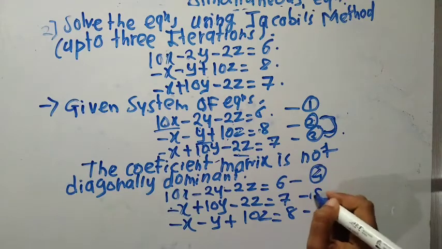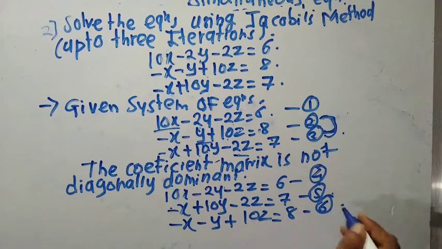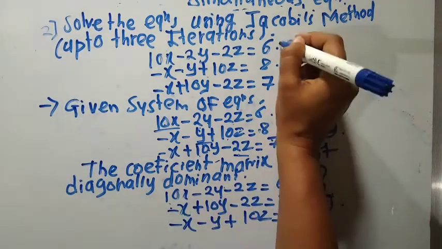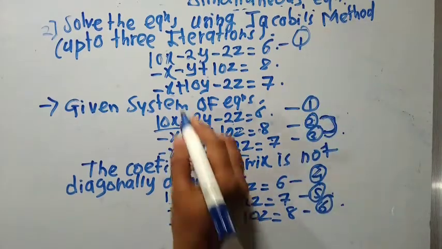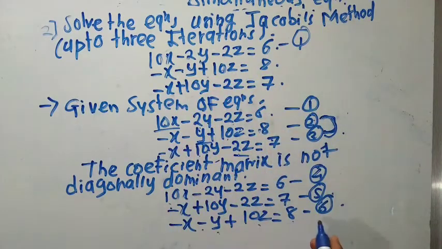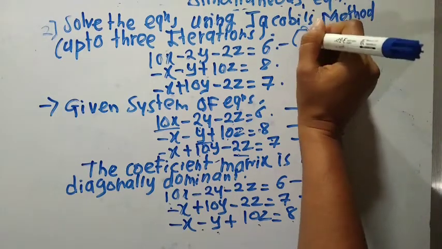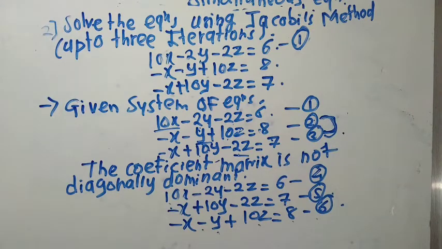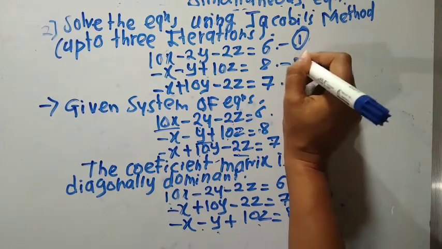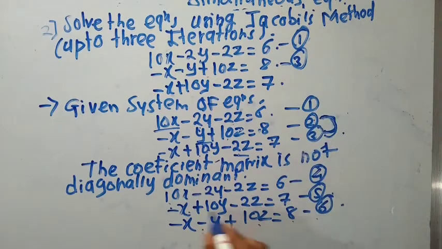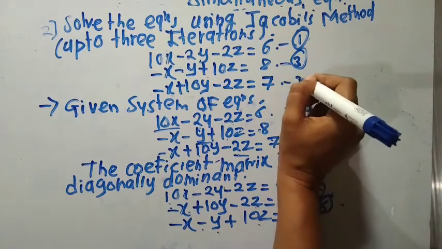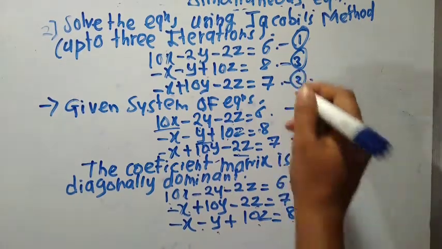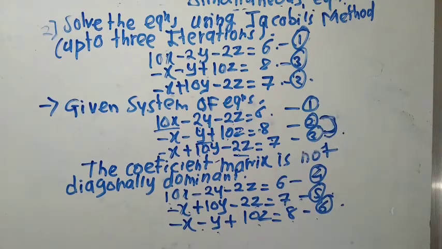So these are the first equation, these are the second equation, and these are the third equation. So use these equations to find x, y and z.